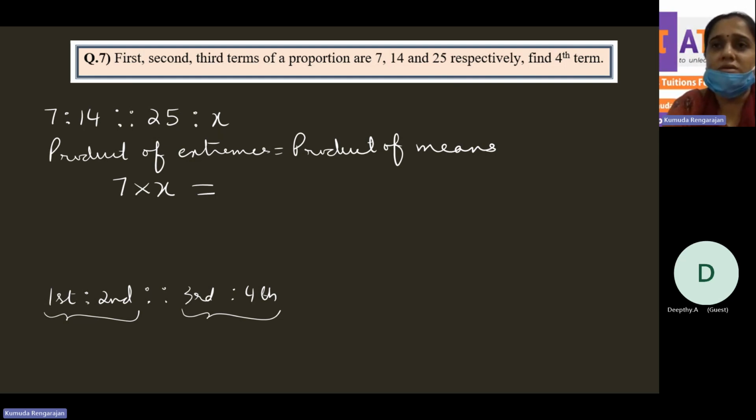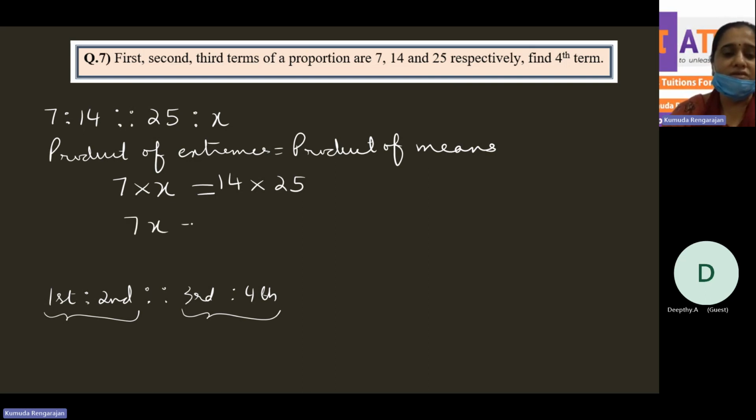Is equal to what? It is equal to the product of means. Which are the means? 14 is to 25. That means 14 into 25, correct? Yeah. Now what is 7 into x?